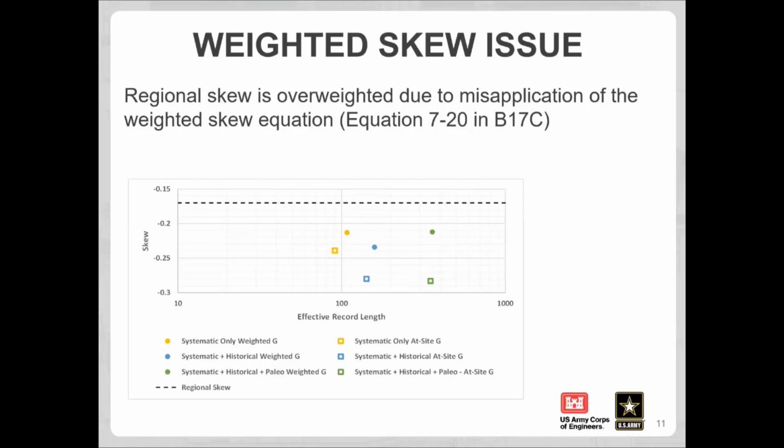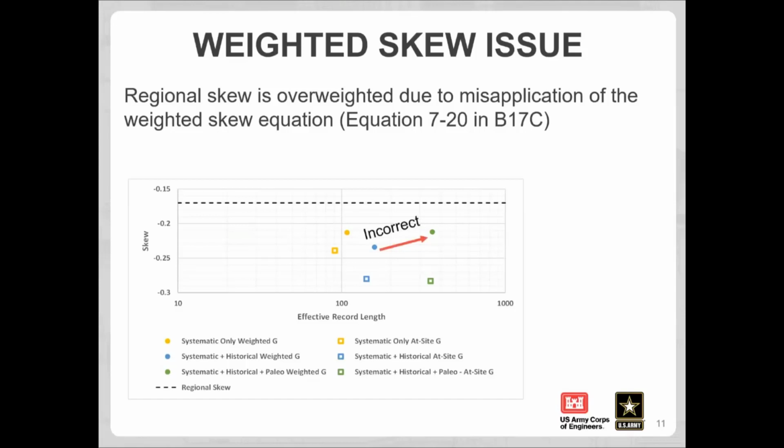The at-site information should start to dominate over the regional skew information the more information you have at your site. So as you move from left to right in these analyses, you should expect the weighted skew estimates to generally trend towards the at-site skew estimates. If you can hit the next slide button there, Mike.